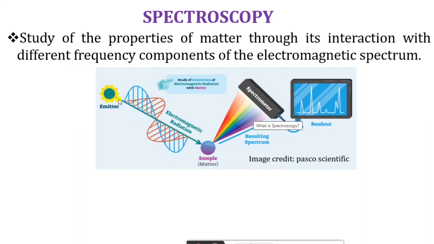That electromagnetic radiation is incident on our sample or matter, and the compound will interact with the electromagnetic radiation. The emitted radiation is analyzed by a spectrometer, which gives us the result. From the result we get an idea about the properties of the compound under investigation. So this is a brief outline of how spectroscopy works.